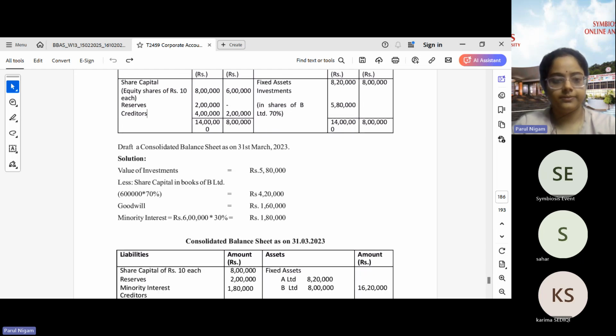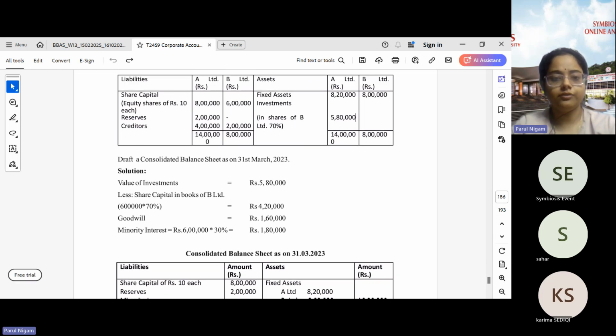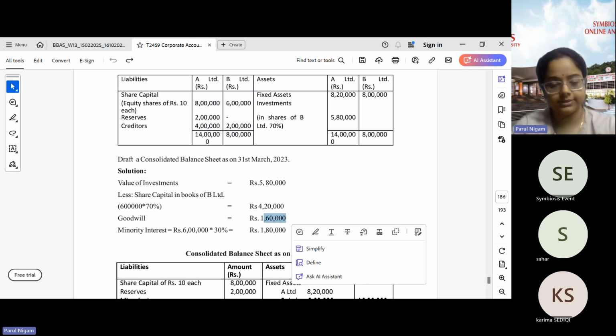Okay. So let's see. Value of investment is 5,80,000. You can see this 5,80,000. Then you're saying that it is the share capital in B's book, which is 70%. So 70% of B's share capital, it is 4,20,000. So the remaining is 1,60,000.